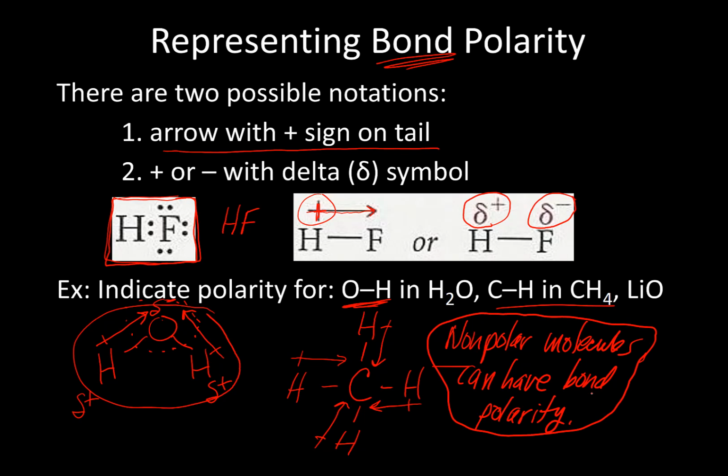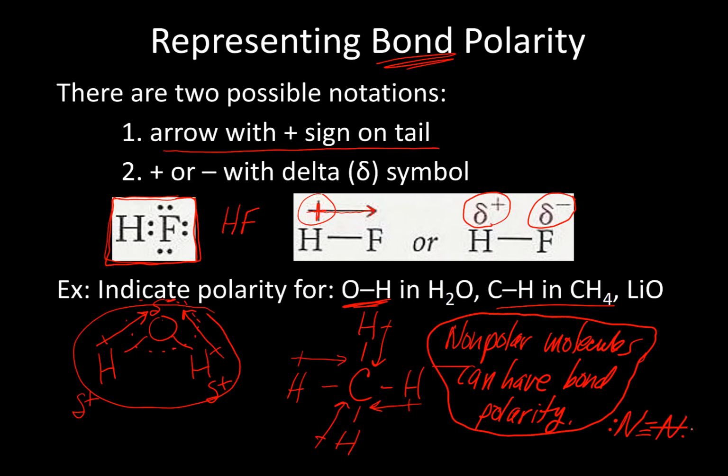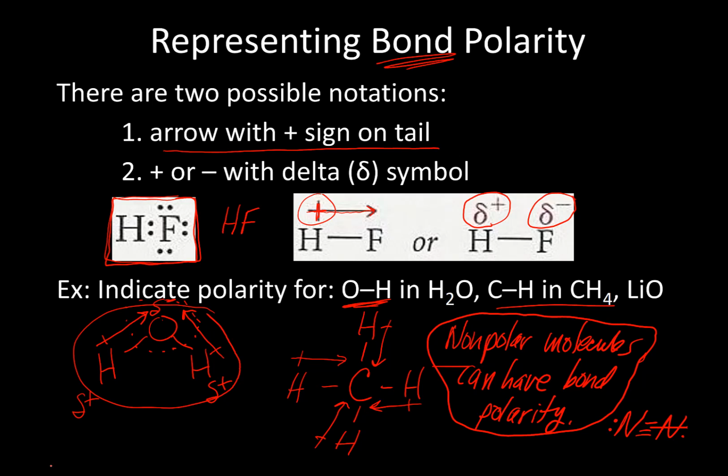Nonpolar molecules can have bond polarity, unless it's the same element, like a nitrogen molecule. There's no bond polarity here because you're dealing with the same element. But anytime you have different elements, you can have some kind of bond polarity.